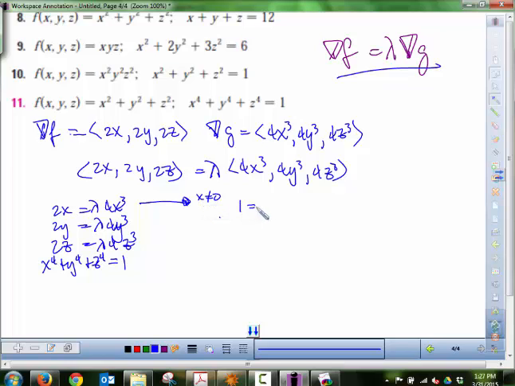So we got 1 is equal to lambda times 2x squared. Now what? Suppose we can do the same for all of them. Let's consider when y does not equal 0, and when z does not equal 0.